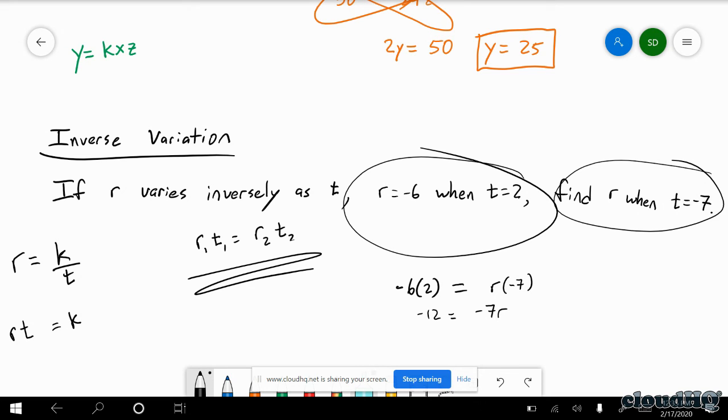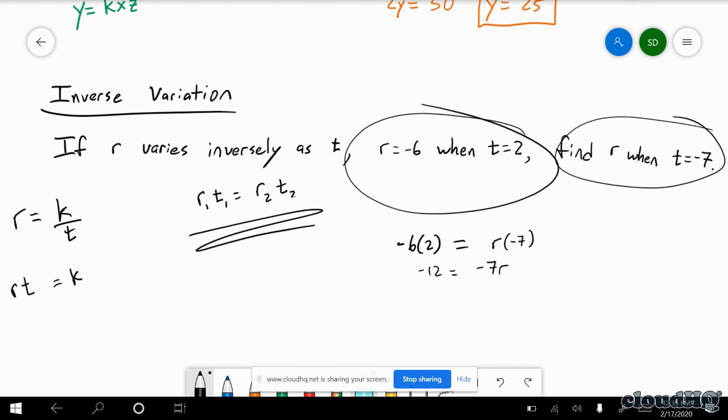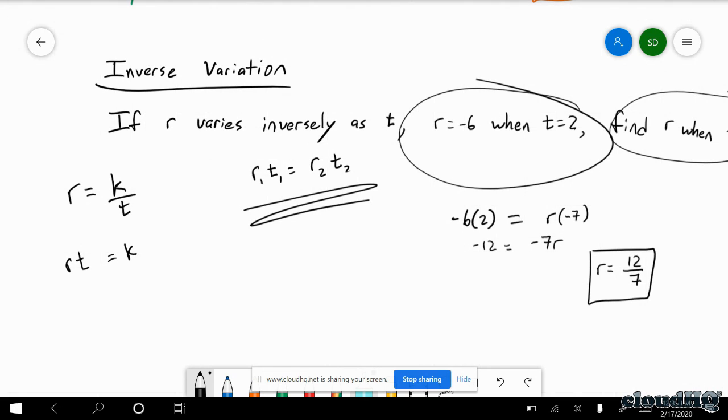What do I do here? What do I get for an answer, I should say? Is it negative? The negatives will cancel out, so 12/7. If I had asked what the K value is, if I would have changed the question, say, hey, what's the constant of variation?